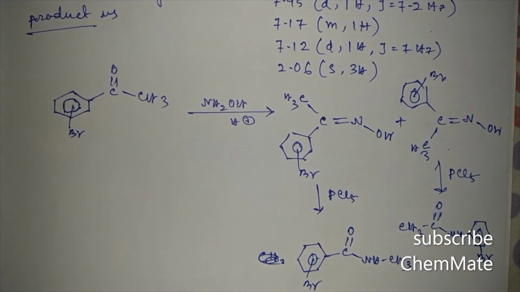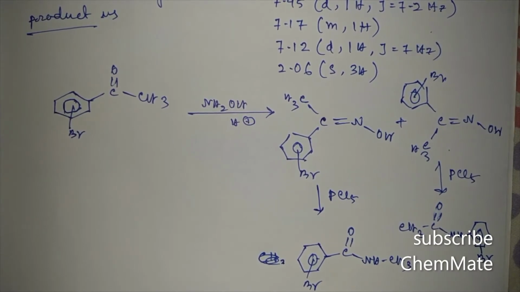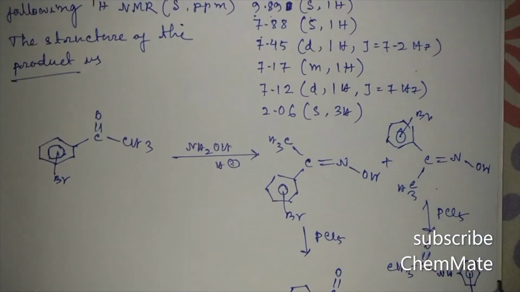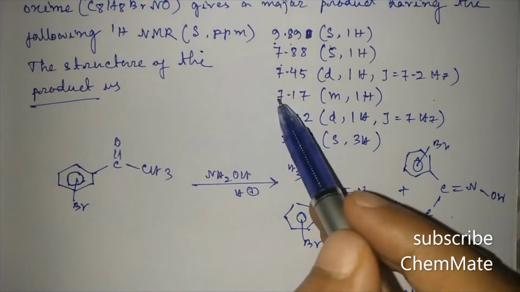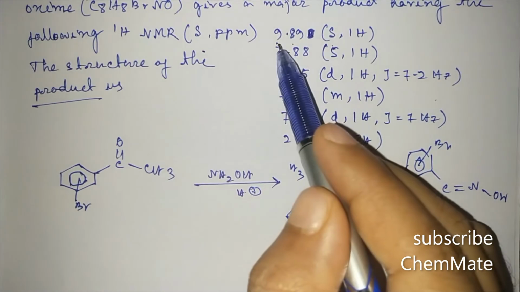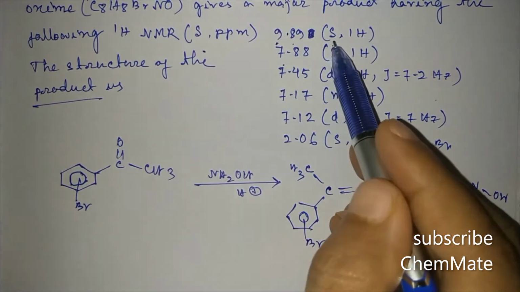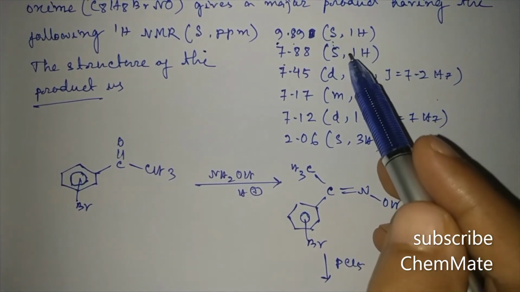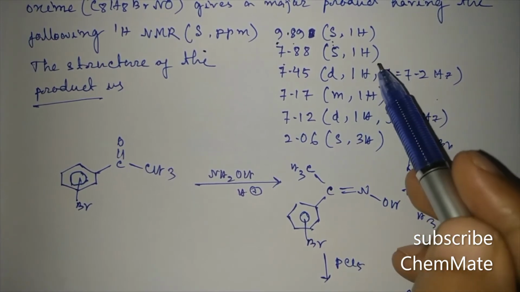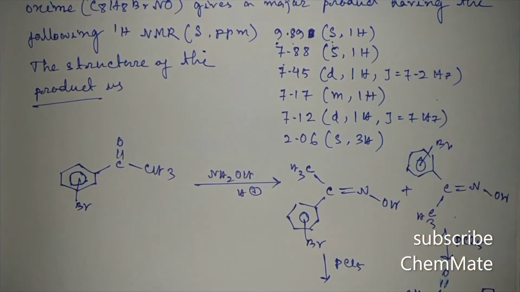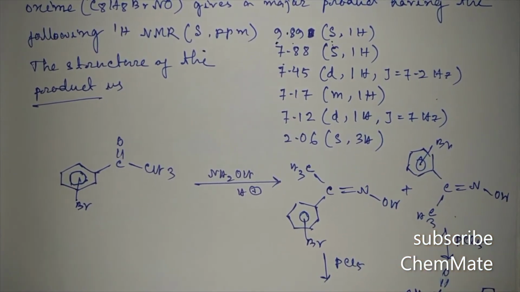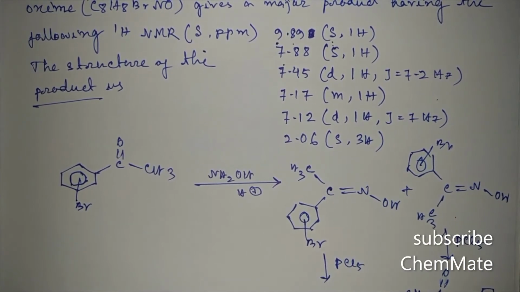We have to determine what will be the major product, that means either this or this. So here if we see the 1H NMR data, then 9.89 singlet 1H must be the hydrogen which is attached to an electronegative atom, so that is for this hydrogen which is connected to nitrogen.